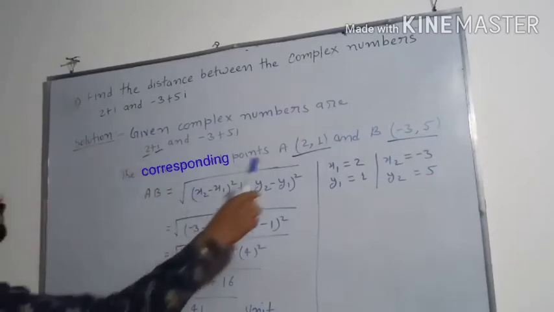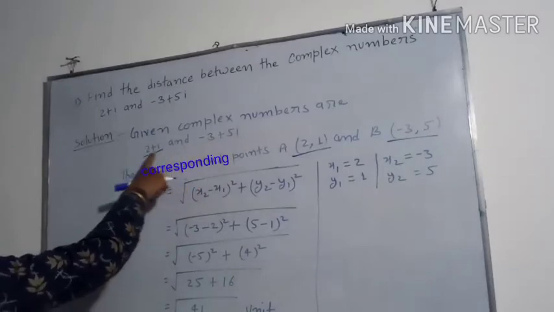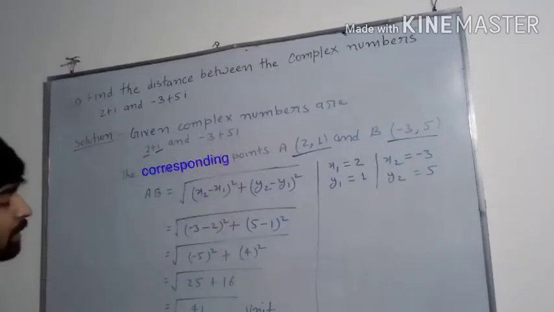The distance between the two points A and B is under root 41 unit, and these 2 points correspond to the given complex numbers 2 plus i and minus 3 plus 5i.